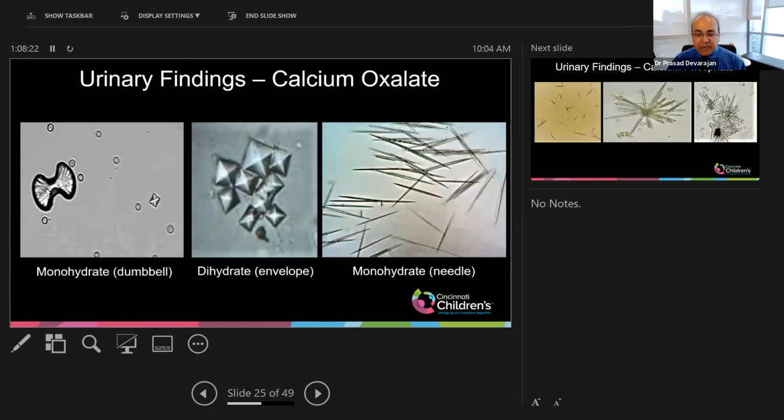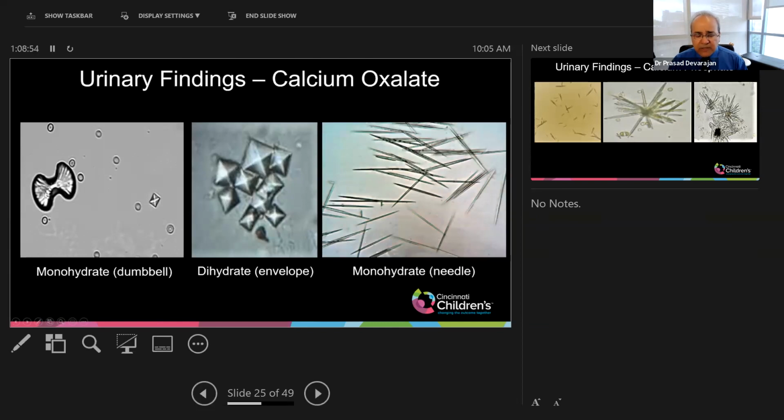And this is an example of what calcium oxalate crystals look like in the urine. In the middle, you're looking at the typical dihydrate form, which is the beautiful envelope-shaped diamonds. This is the most common form of calcium oxalate crystals. On the left and on the right, we're seeing the two monohydrate forms, the dumbbell shape as well as the needle shape.